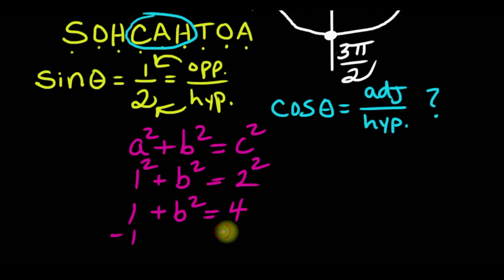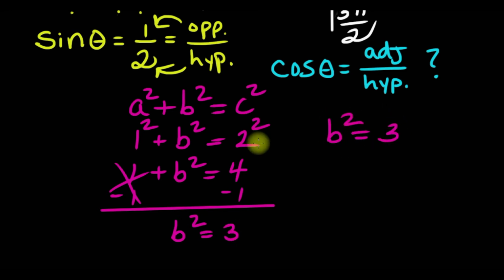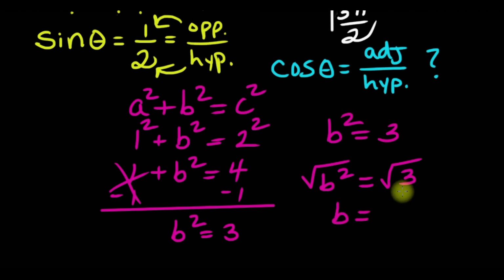Take away 1, so b squared is 3. Then we take the square root of it. So b is going to be plus or minus square root of 3, but we're only going to use the positive square root of 3. So this is what b is. This is the adjacent side.